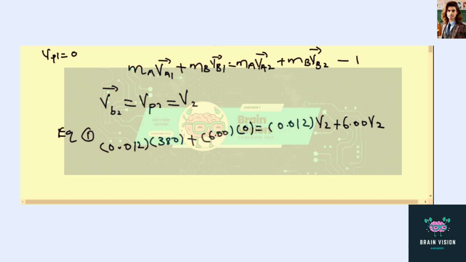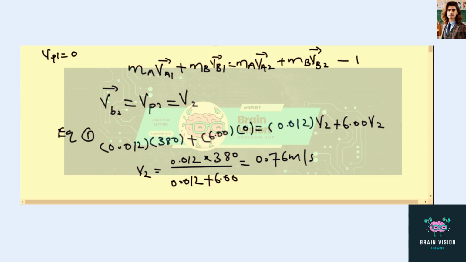Solving for V2, V2 is equal to 0.012 times 380 divided by 0.012 plus 6.00. So V2 is equal to 0.76 meter per second.